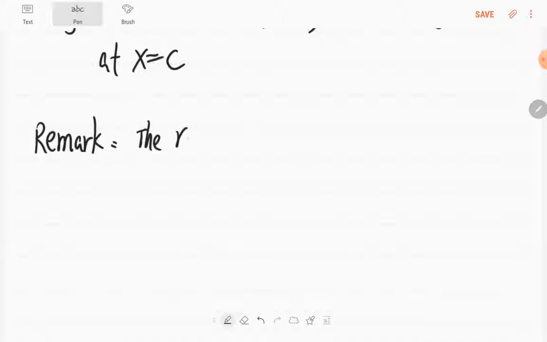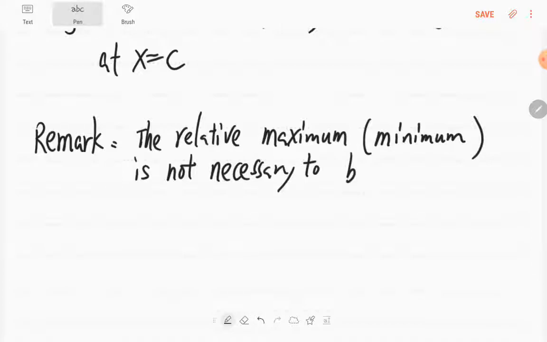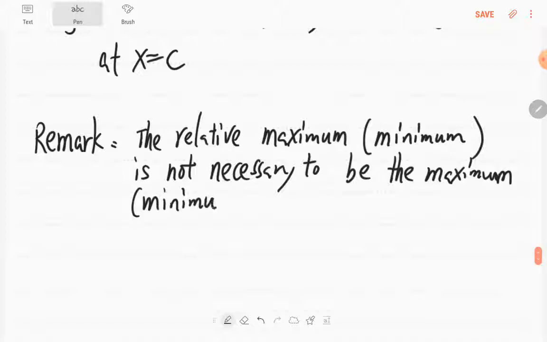The relative maximum or minimum is not necessarily the maximum or minimum on the whole domain, the entire domain.